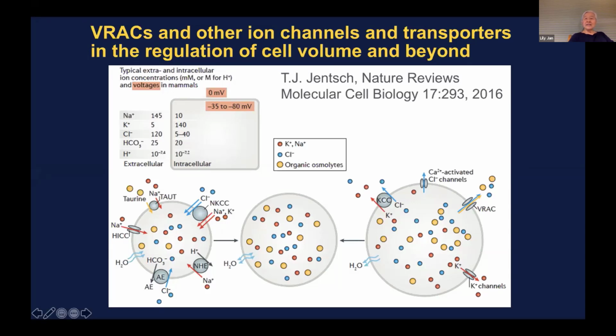Or it could also involve changes in the number or the activity of potassium channels and chloride channels. For increasing the cell volume, it quite often involves changes in the activity of transporters, like the sodium proton exchanger, whose activities will drive sodium into the cell.